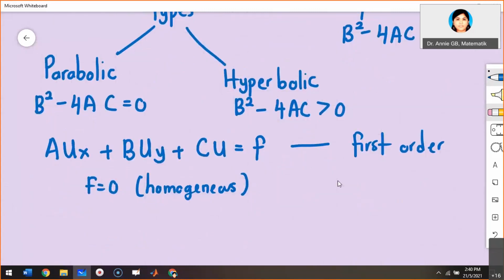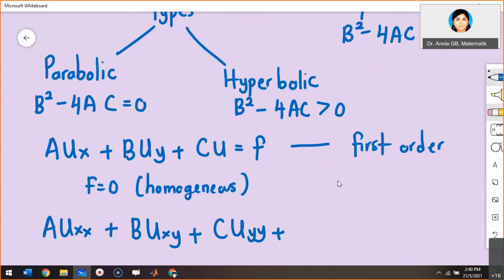And if it's a second order, you have AUxx plus BUxy plus CUyy plus DUx plus EUy plus FU equals to G. Okay, misalnya macam ni lah.